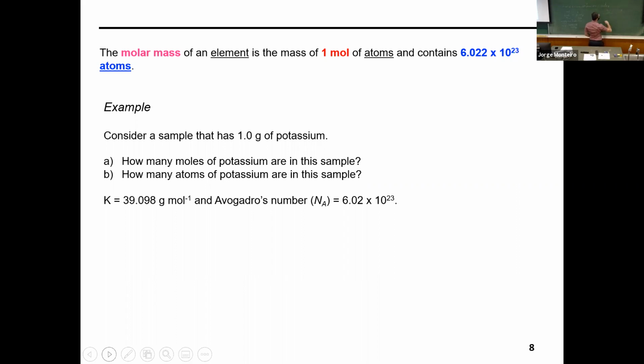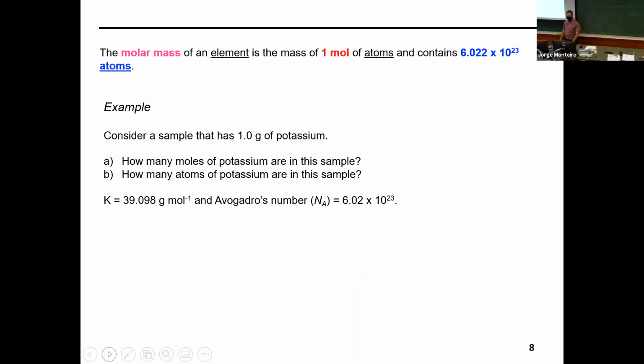That's equivalent to the molar mass, 39.098 grams. And the problem is asking us the number of atoms in 1 gram.